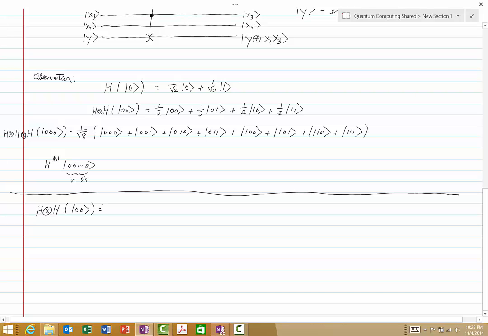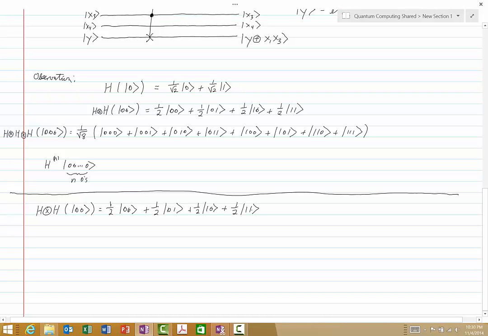We have already observed that that's equal to 1/2 0, 0 plus 1/2 0, 1 plus 1/2 1, 0 plus 1/2 1, 1.